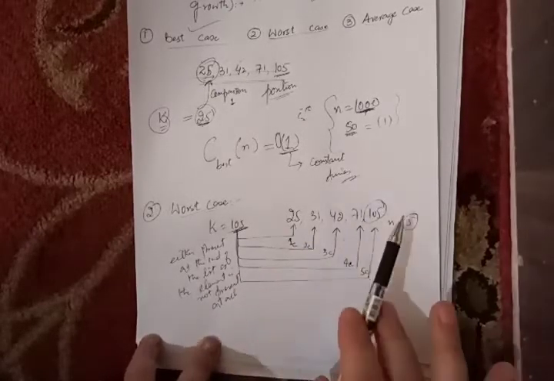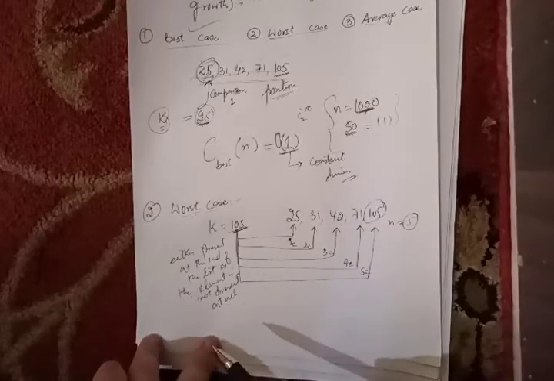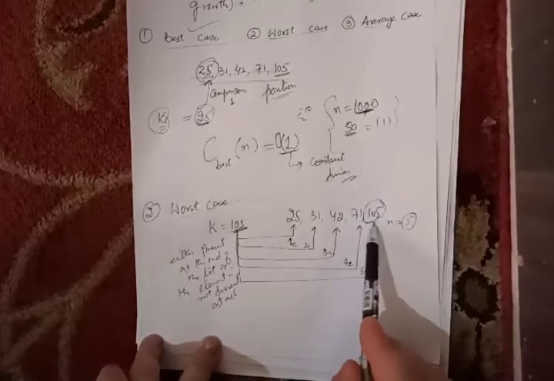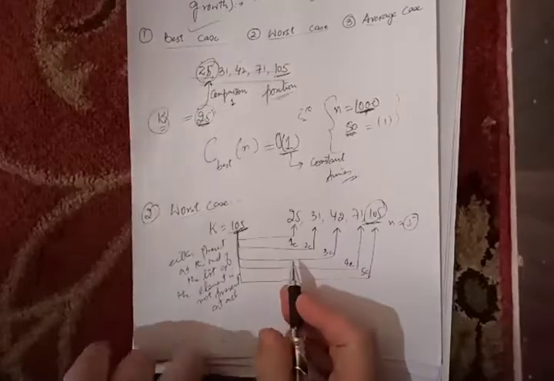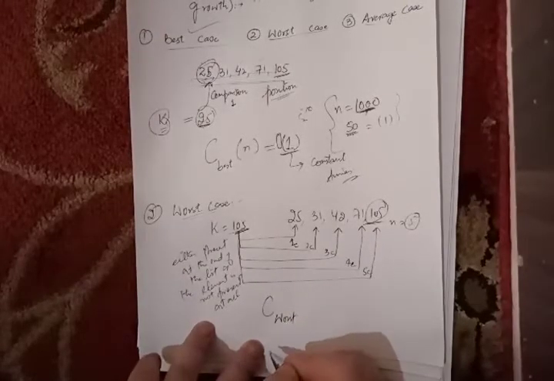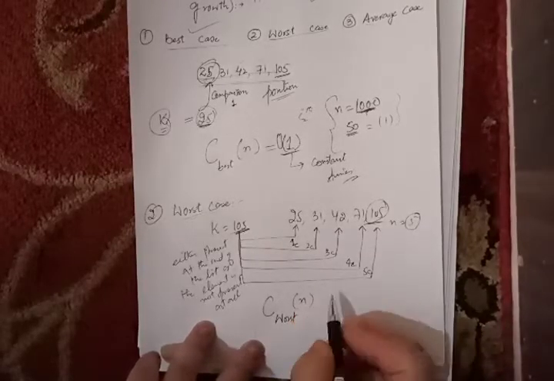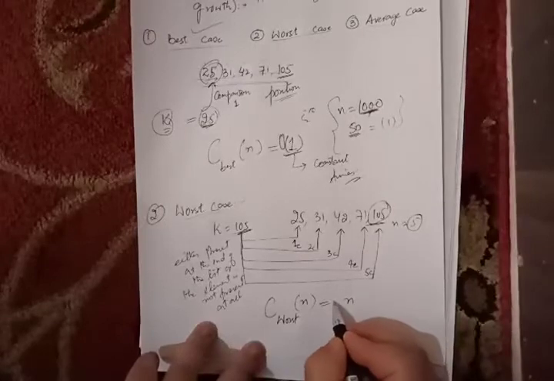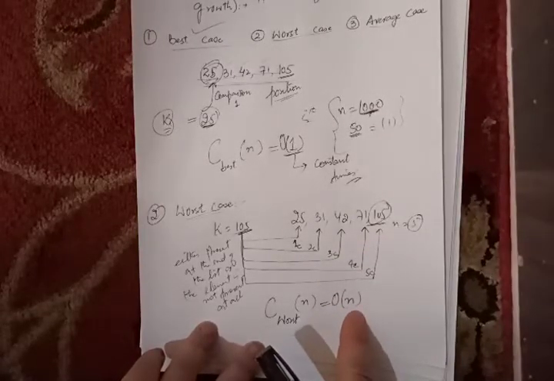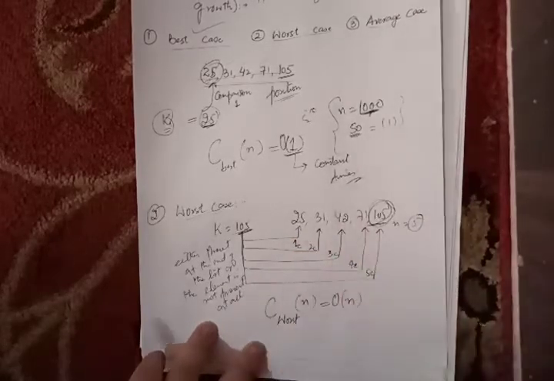Now in this case I took the first one, that is, the element which you want to search is present in the list and it is present at the end of the list. So what will be the worst case? The worst case of such an algorithm on input size n will be equal to n. Why? Because you have to perform n comparisons in order to get the element.